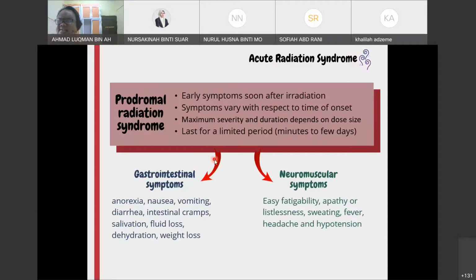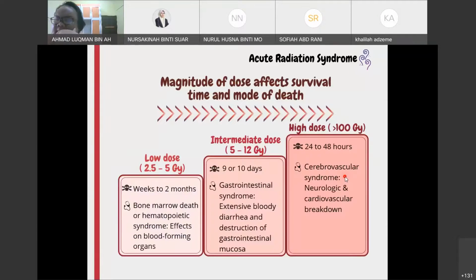The gastrointestinal ones are around the stomach: anorexia, nausea, vomiting, diarrhea, intestinal cramps, salivation, blood loss, dehydration, and weight loss. Neuromuscular symptoms include easy fatigability, apathy or listlessness, sweating, fever, headache, and hypertension.